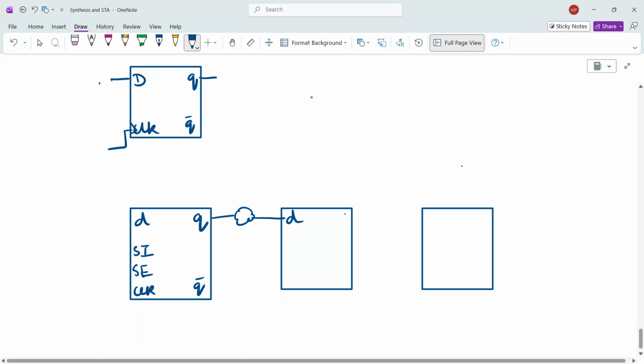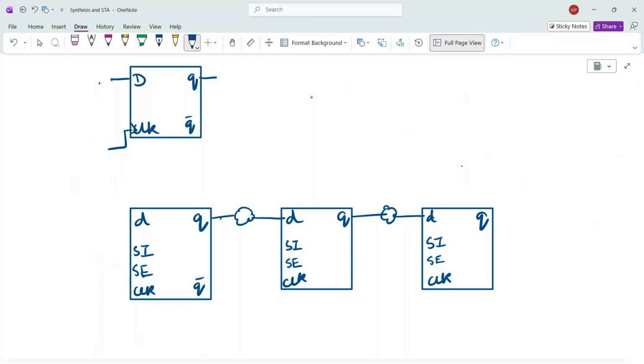D, Q, again these are our normal functional D and Q, right? And again it is having scan input, scan enable, clock. When it is working in functional mode, this will work.